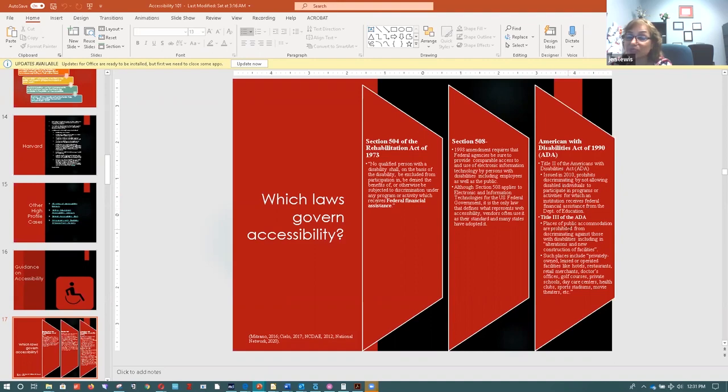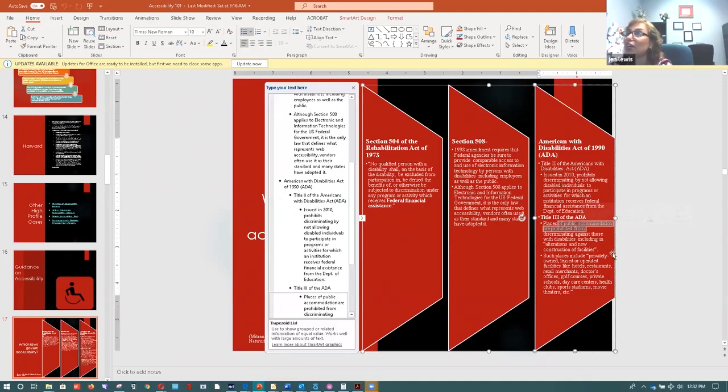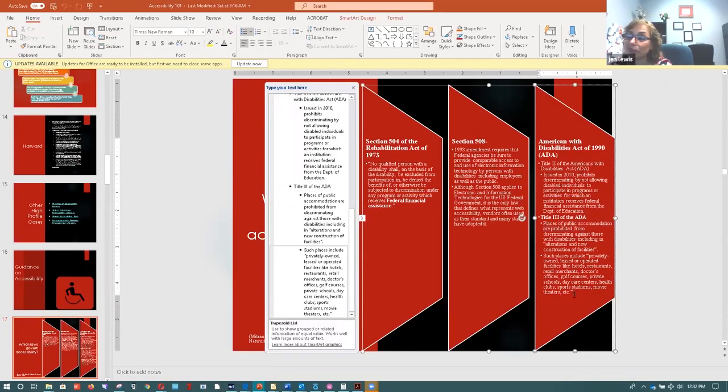Title III is public accommodation. So that's going to be hotels, restaurants, gyms, Starbucks, the hospital more likely, health clubs, stadiums, movie theaters. So Title II, again, is going to be your educational institutions or anyone that gets government funding. And then you've got Title III, which is everybody else. So no one is immune or impervious from being scrutinized in terms of their ability to comply.